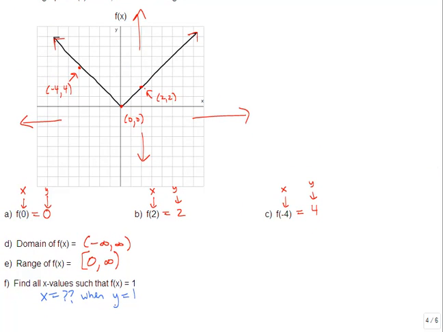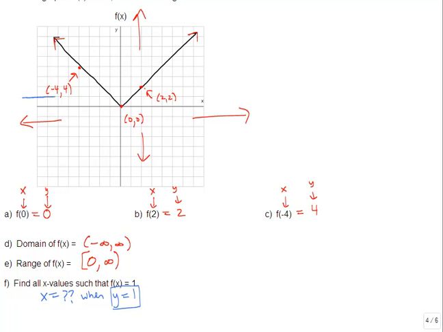So let's locate all the points where the y coordinate is 1. And the way I like to do that is think about y equals 1. If you were to graph y equals 1, what kind of line is that? That's a horizontal line because it's y equals a number.